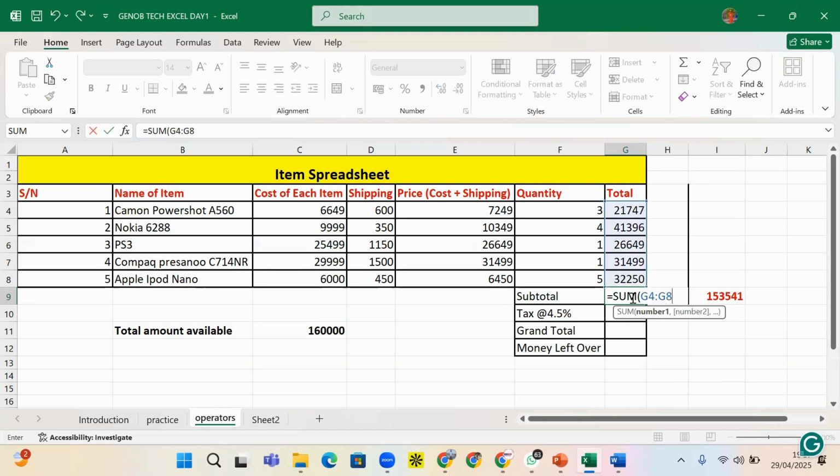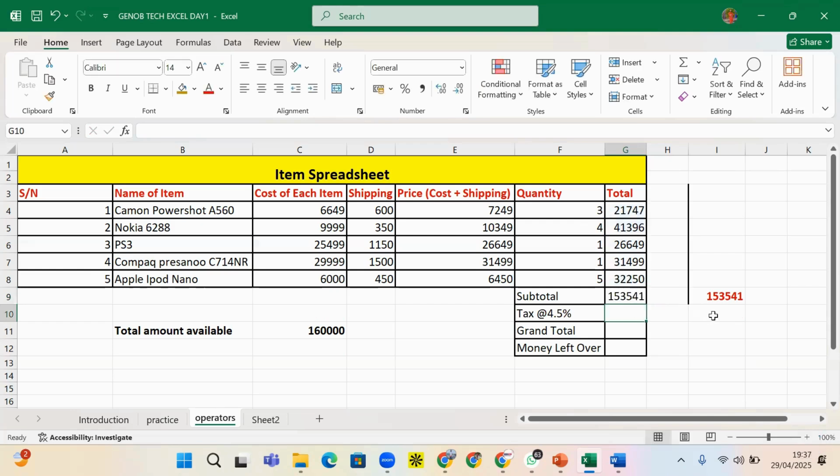You see, the entire range has been highlighted, a range of G4 to G8. I enter. It's the same result. So it is faster to use functions than operators.